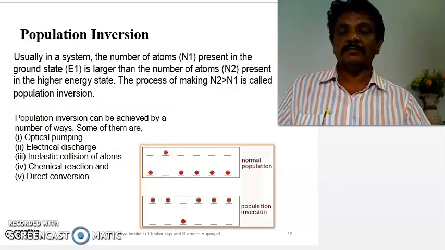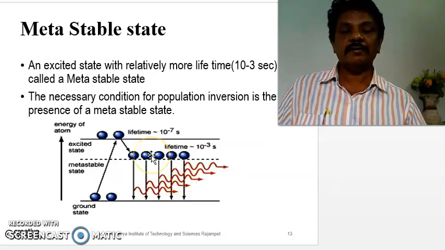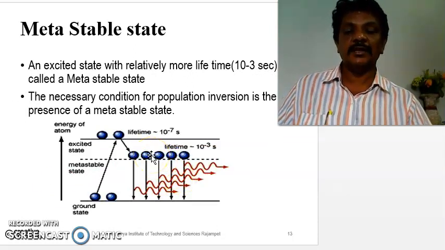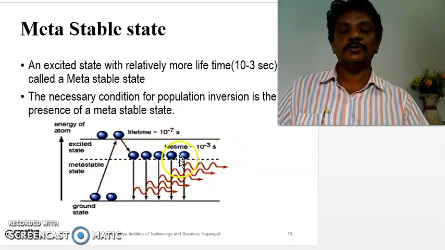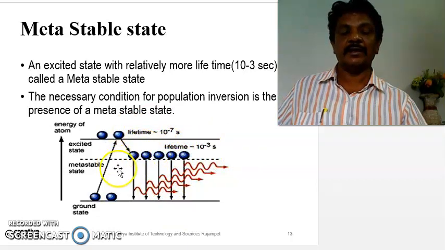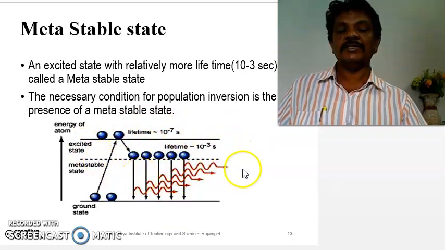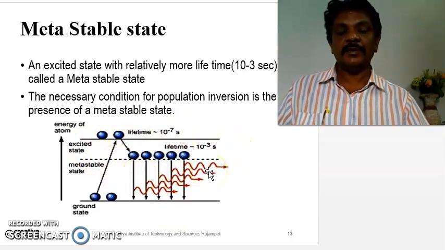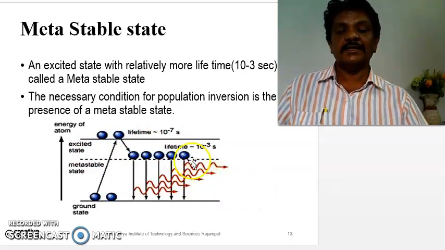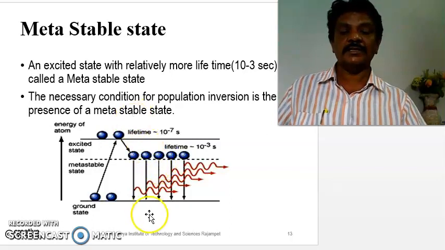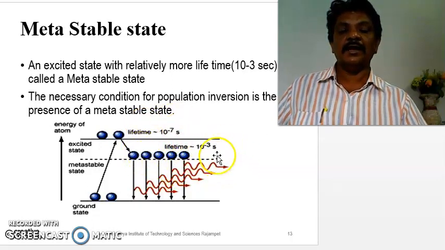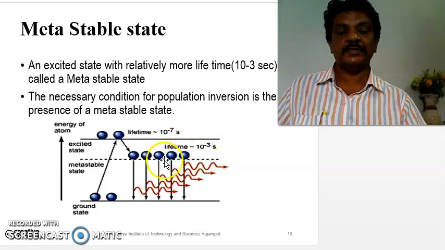What is the basic requirement for the production of laser? Laser production happens only when, between the excited state and the ground state, a middle state is formed in specific materials. That middle state has a longer lifetime than the higher excited state and the lower state. The excited state lifetime is 10 power minus 7 seconds and the lifetime of the middle state is 10 power minus 3 seconds.